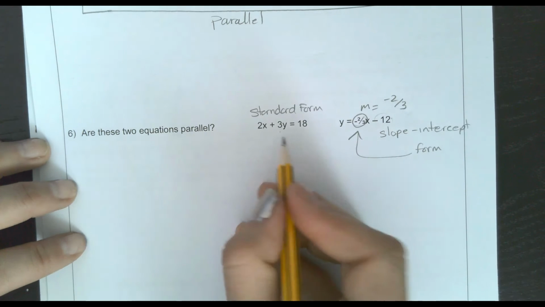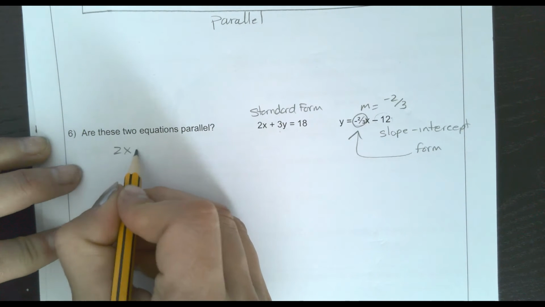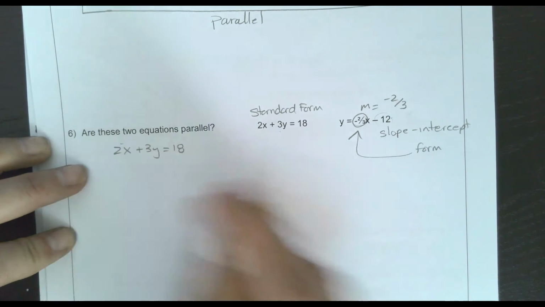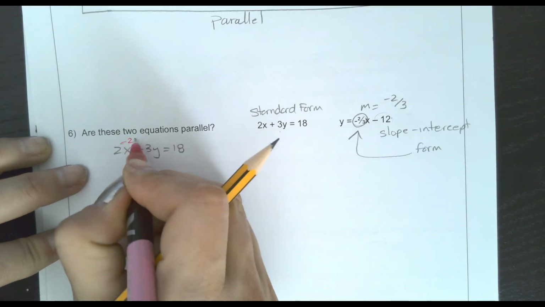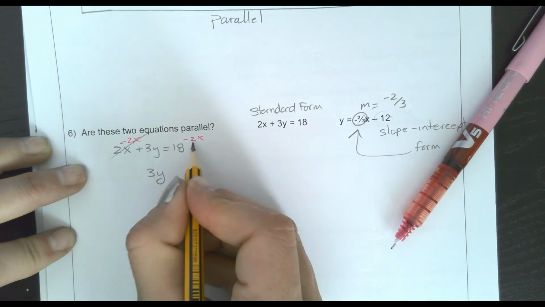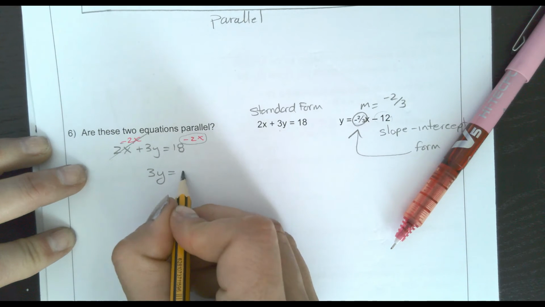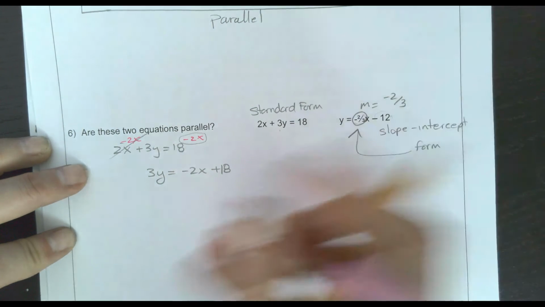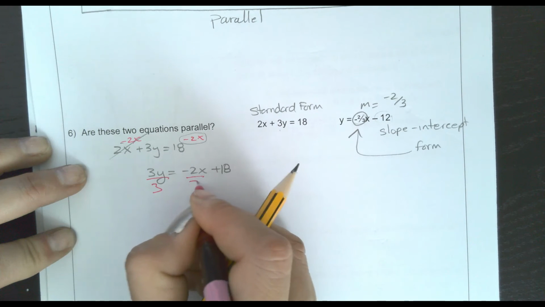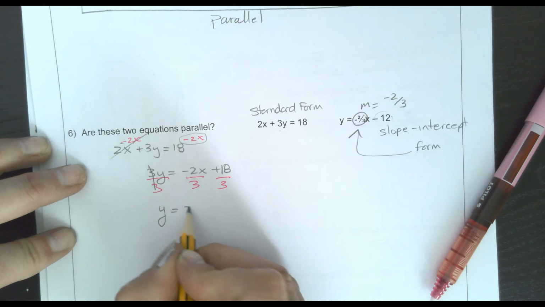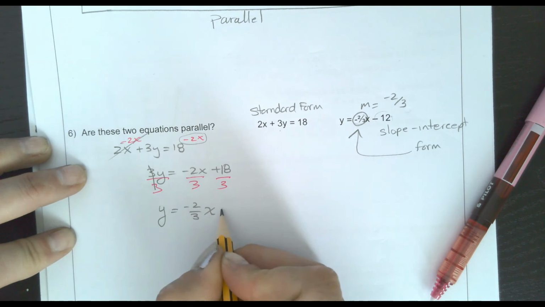So let's solve for y. So let's get rid of the 2x. So I'm at 3y. Remember to put your x first. Get rid of the 3. That's 1. So I have y equals negative 2/3 x plus 6.